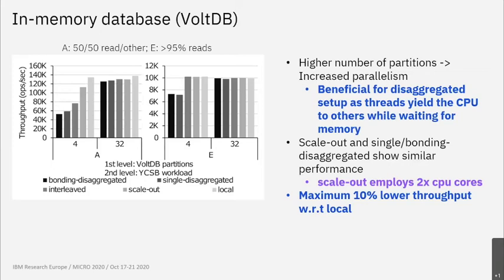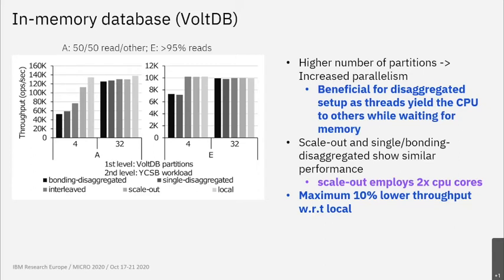So we see that for disaggregated memory, a higher parallelism is actually beneficial because having more threads means that while some threads are waiting for memory to come back from disaggregated memory, other threads can take over the CPU and do some meaningful work.